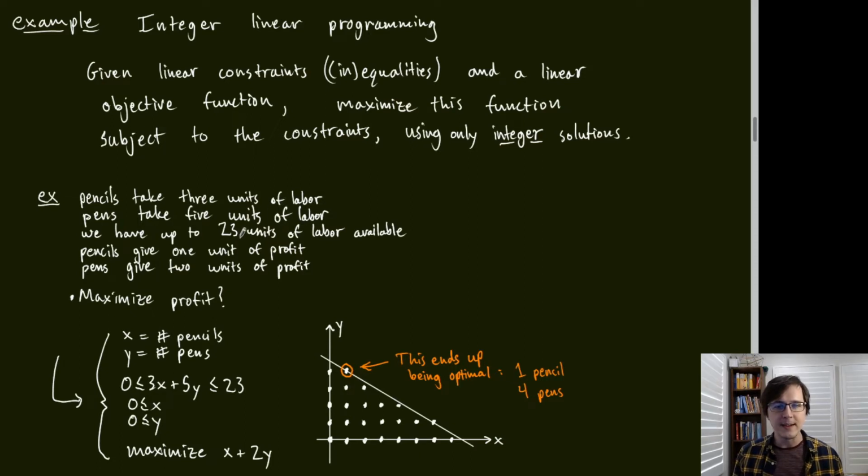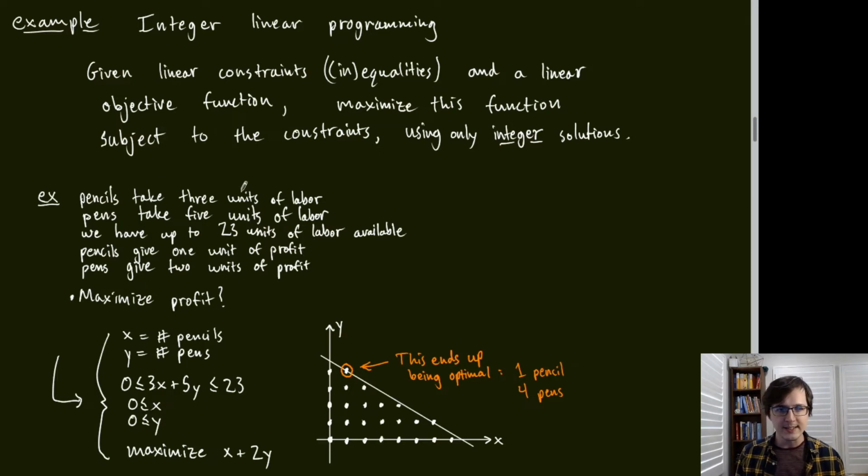We have 23 units of labor available, and we want to spend those units to produce pencils and pens. Suppose also that pencils will give us 1 unit of profit and pens will give us 2 units of profit. The question is, can we maximize the profit somehow? How many pencils and pens should we make to make the most profit?